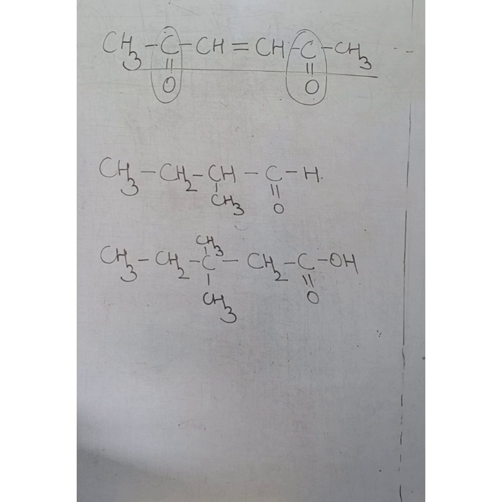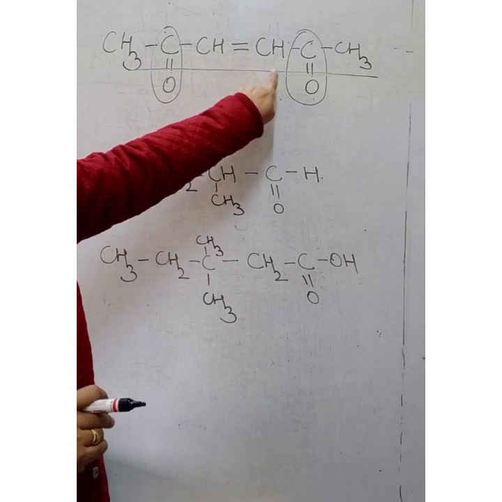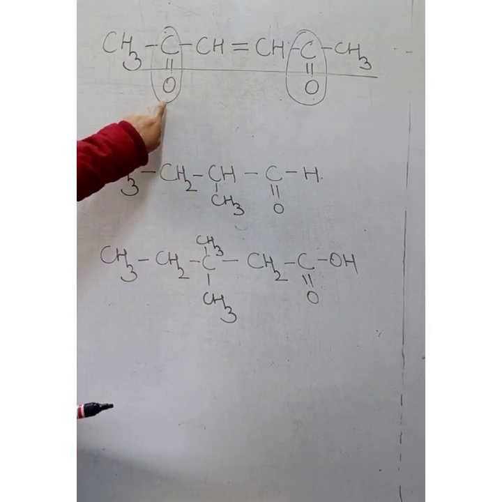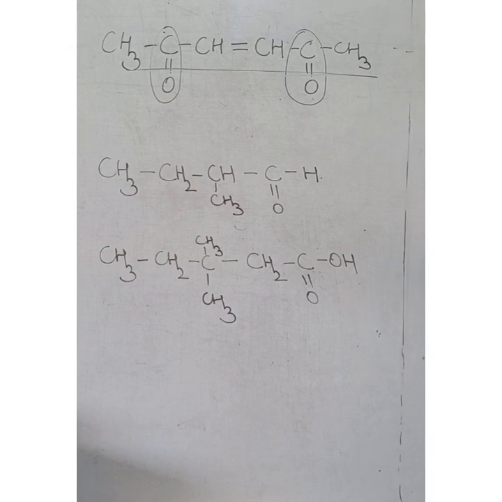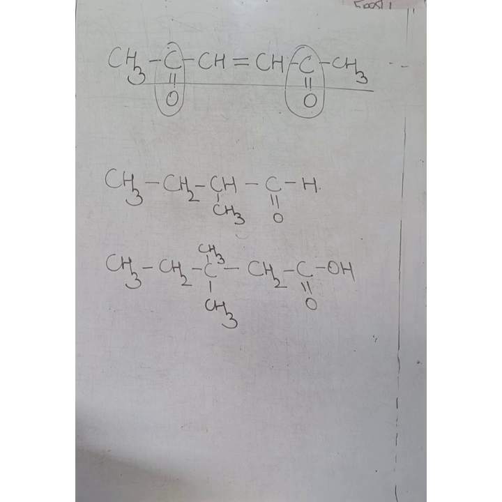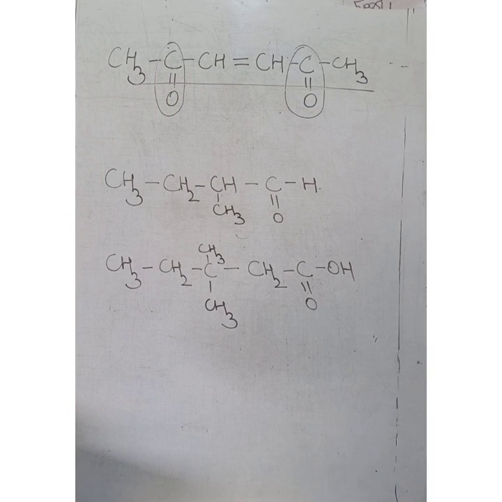Now, according to the rule, number the carbon chain in such a way that the functional group gets the lowest number. If I number from this side, 1, 2, 3, 4, 5, 6, the functional group is at the 2nd and 5th positions. From the other side, 2, 3, 4 and 5, the functional group is again at 2 and 5.